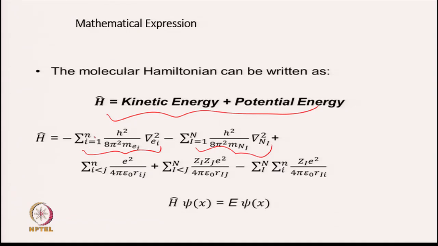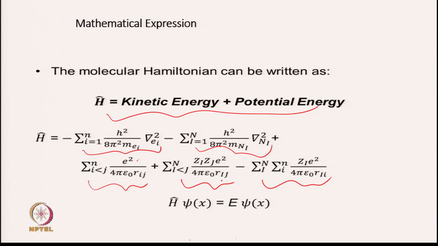This should be i equal to 1 to n, and this is i equal to 1 to n. For 2 hydrogen atoms there will be 2 terms, and then these 3 are the potential energy terms. You can see that this is e square by r, where you are talking about repulsion between 2 electrons, and this is between 2 nuclei, Z_i Z_j e square.